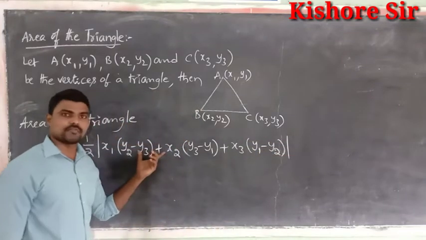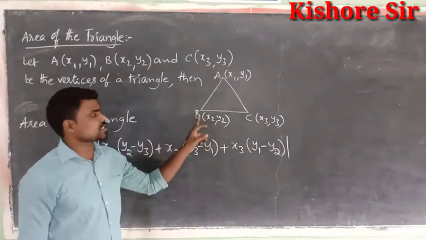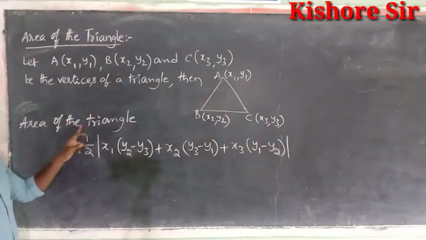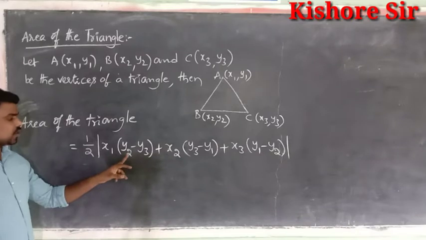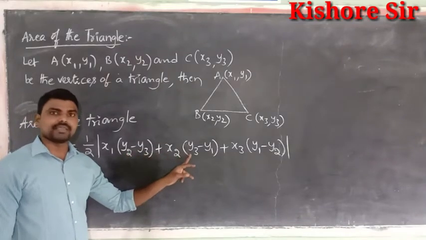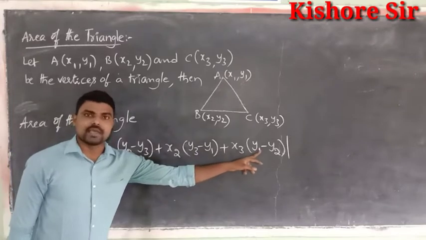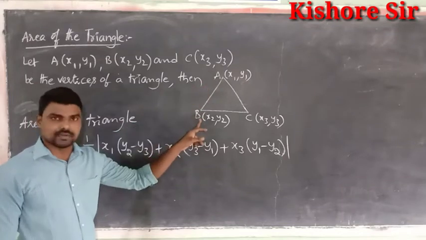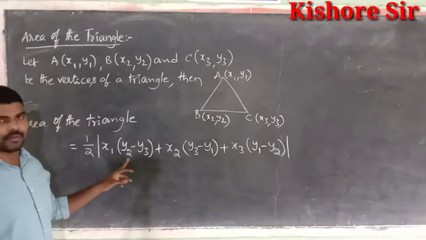This is the formula for area of the triangle when 3 vertices are given. See once again, area of the triangle is equal to 1 by 2 modulus x1 into y2 minus y3 plus x2 into y3 minus y1 plus x3 into y1 minus y2. If 3 vertices are given, then area of the triangle is equal to this formula.